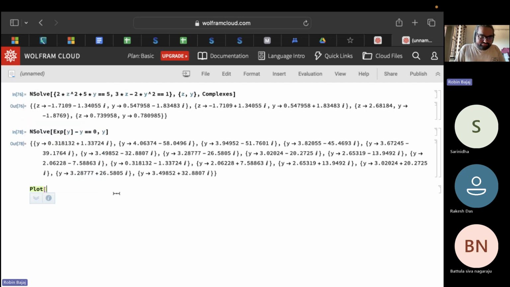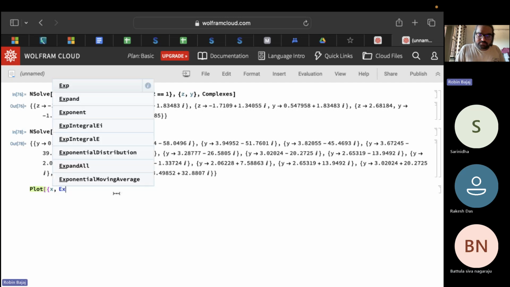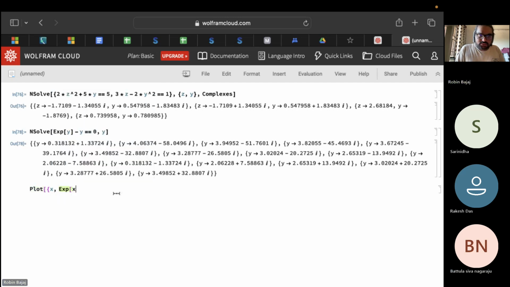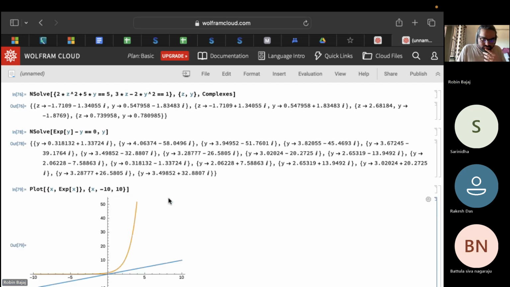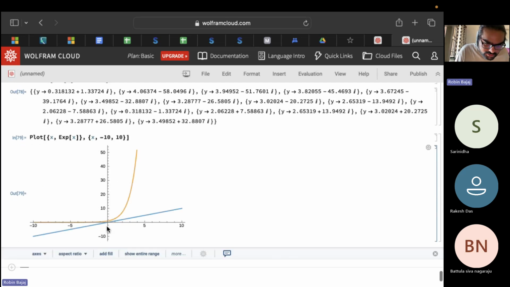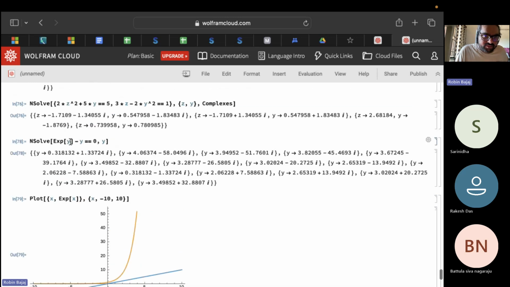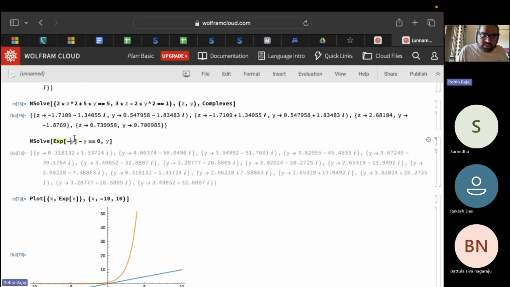Plot x, exp x, and I want to plot it for, let's say, x from minus 10 to 10 as of now. Oh, they don't intersect. Yeah, then it's fine. It would not give me the, let me see, minus y.